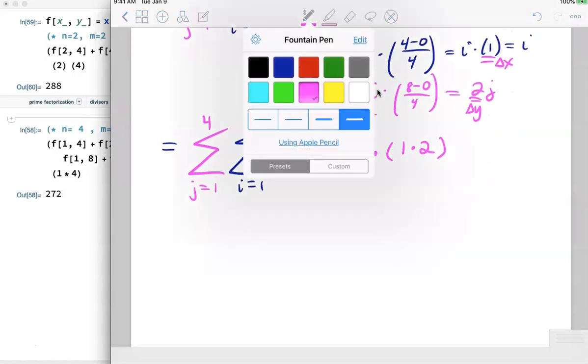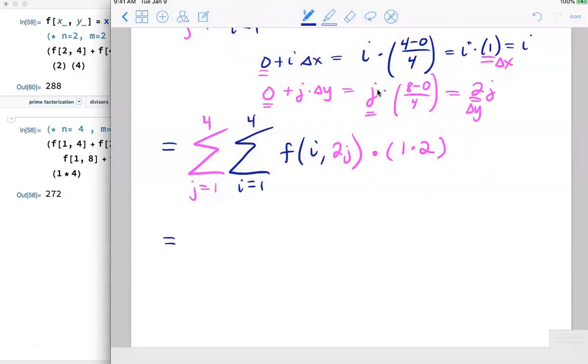So now you could see that if you wanted to expand this thing again, if i went from 1 and j was 1, then the first thing you would have to add would be the function evaluated at 1, 2.